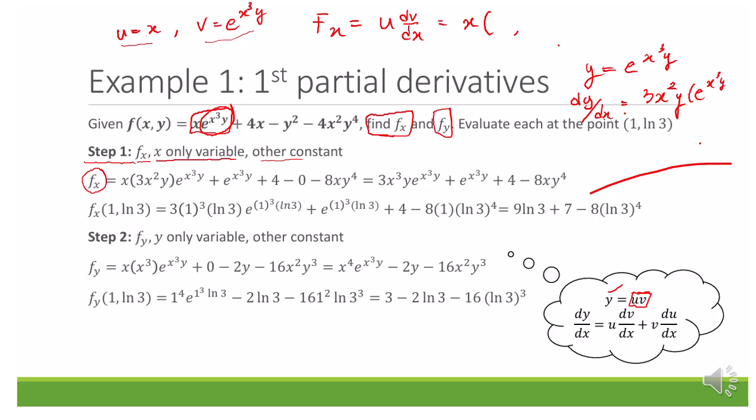This is how to differentiate e to the power of x, 3y with respect to x. So we can write this as 3x squared y and keep the same formula again.